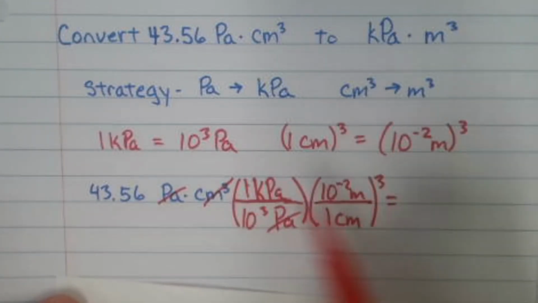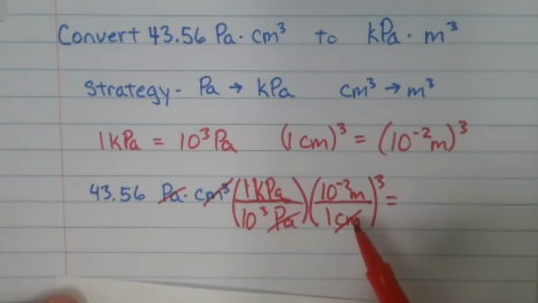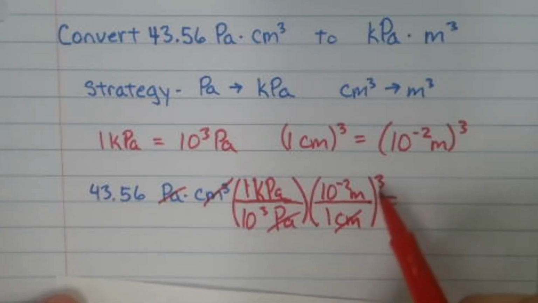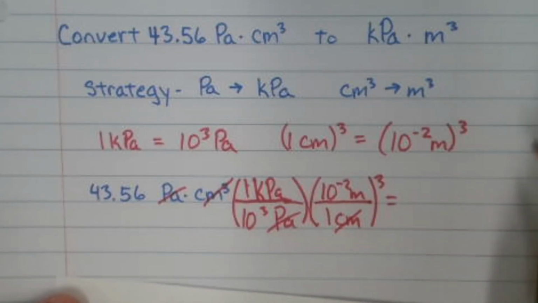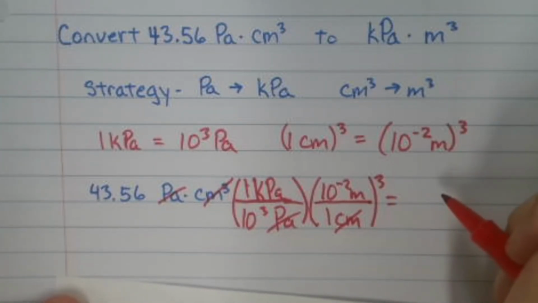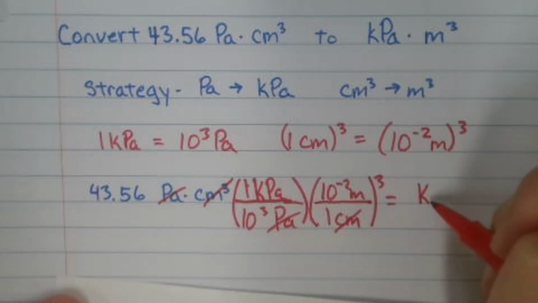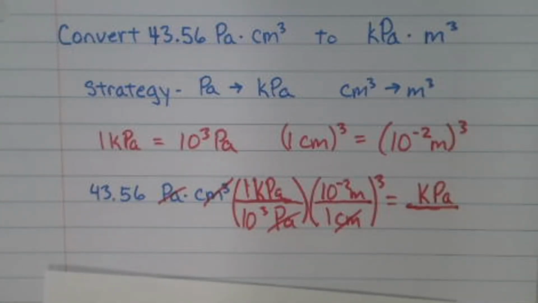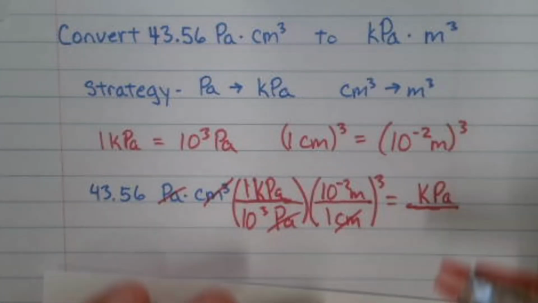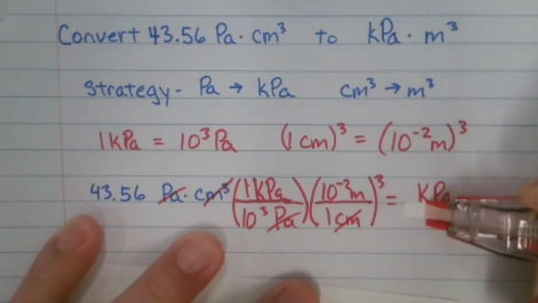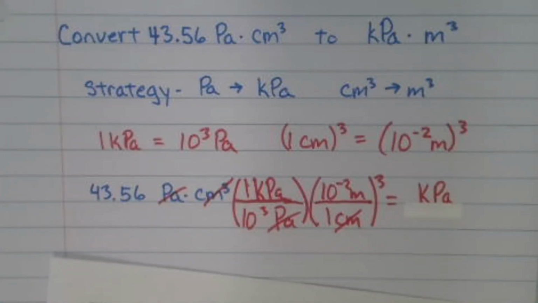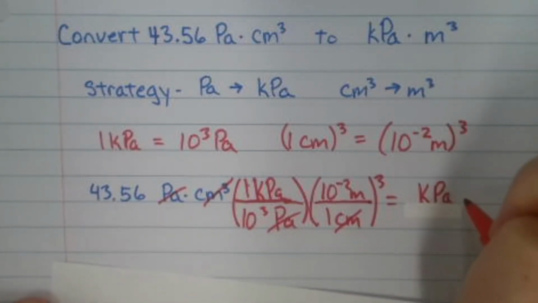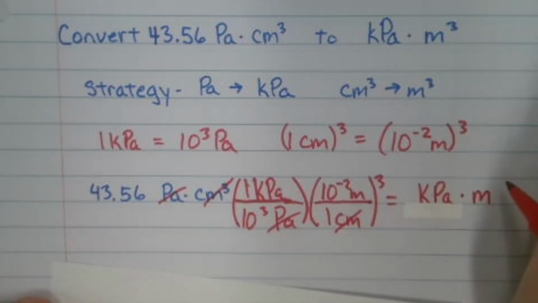Centimeters cubed cancels, and we know that means centimeters cubed, and that would be meters cubed. So the only units that are left over are kilopascals times meters cubed.